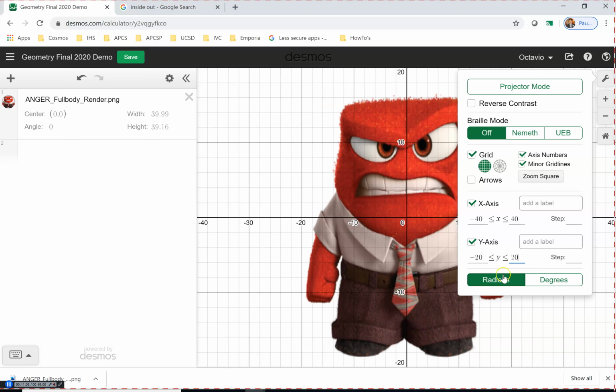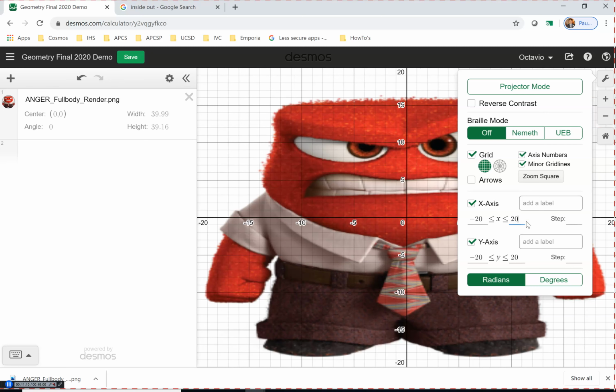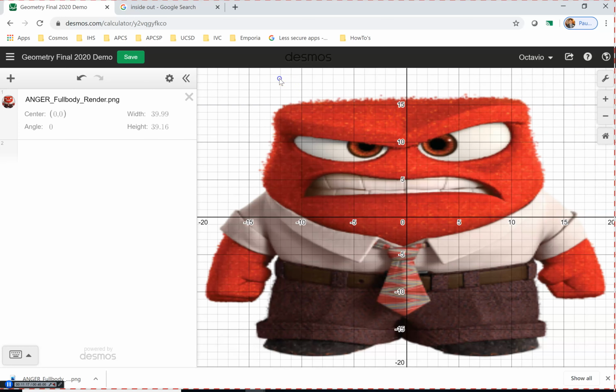So 20, 20. And I want the same for the X axis, 20, 20. Is there a way to make this my home? I think that's good for now. Okay, so we're at 20 by 20.